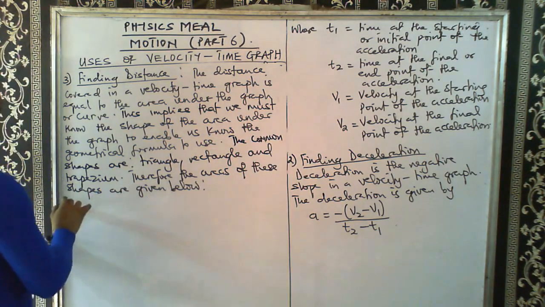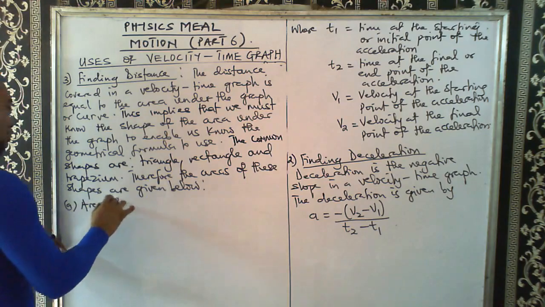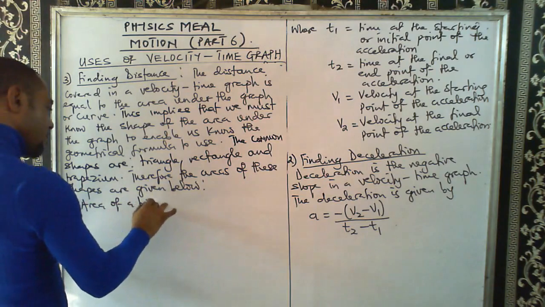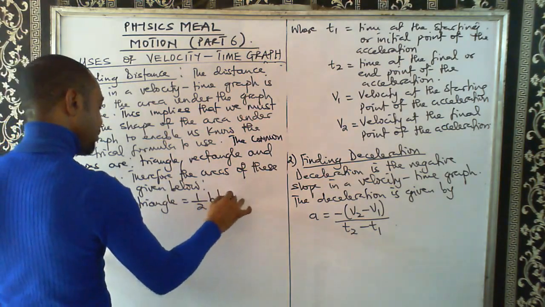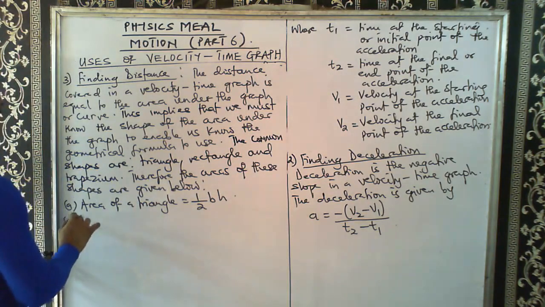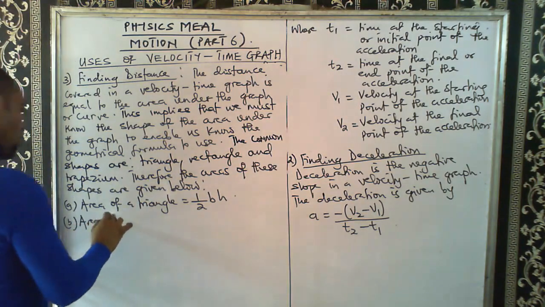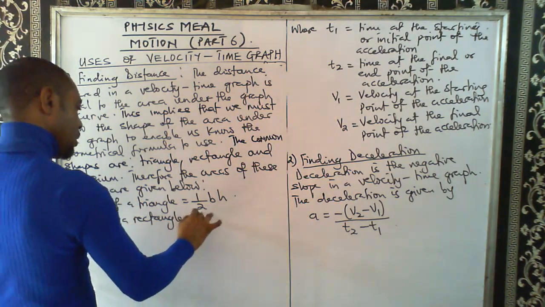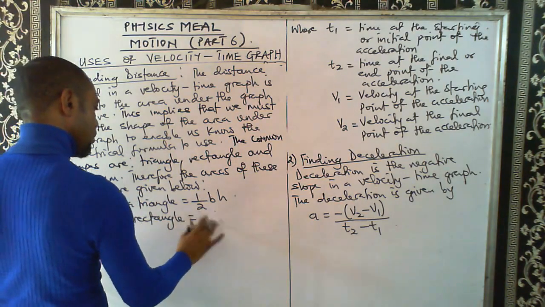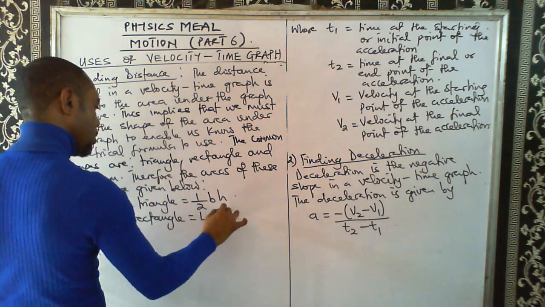1. Area of a triangle is half base times height. Area of a rectangle is length times width.